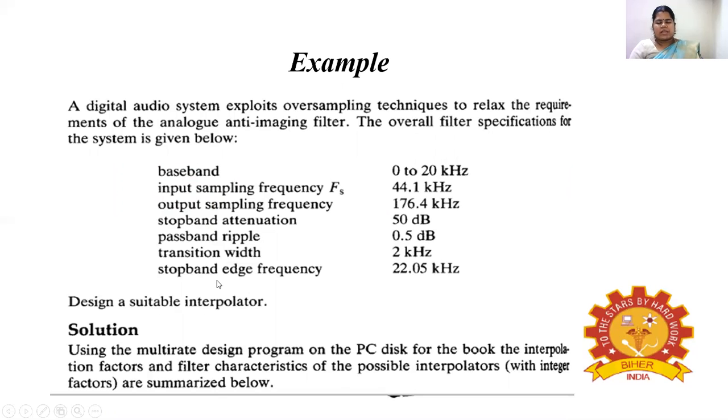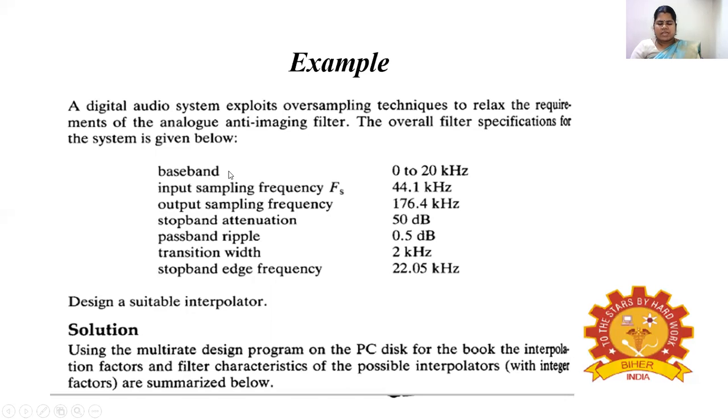Before, we have seen an example problem for the decimator. Now we will see an example problem for an interpolator. Here a digital audio system exploits oversampling techniques to relax the requirements of the analog anti-imaging filter. The overall filter specification for the system is given below.